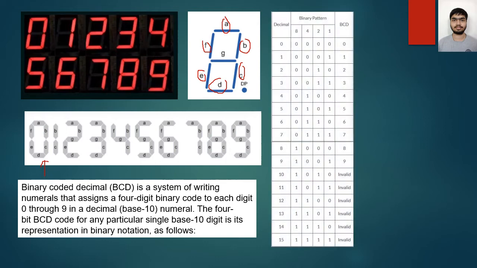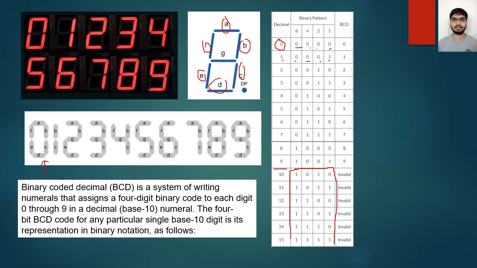So decimal number 0 is represented as 0000, 1 is represented as 0001, 2 is represented as 0010, and similarly all other numbers are represented in 4 binary digits. We are ignoring the binary patterns after 9, because they won't help us much.